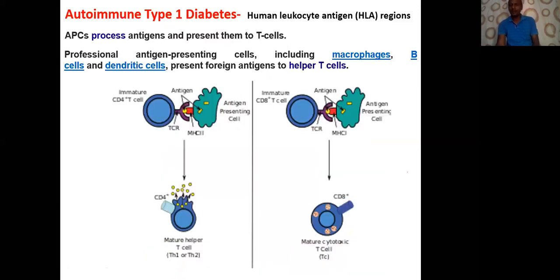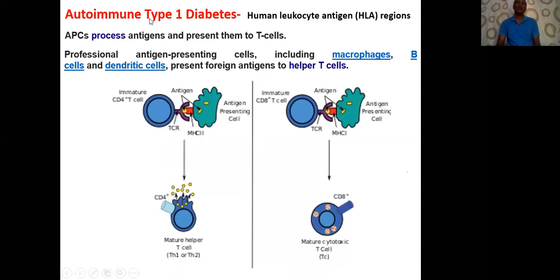Coming to the types, we know that diabetes is of two types: type 2 diabetes and type 1 diabetes. Later we will discuss type 2 diabetes; first, type 1 diabetes, which we also call autoimmune type 1. Type 1 diabetes is majorly of an autoimmune disease type.